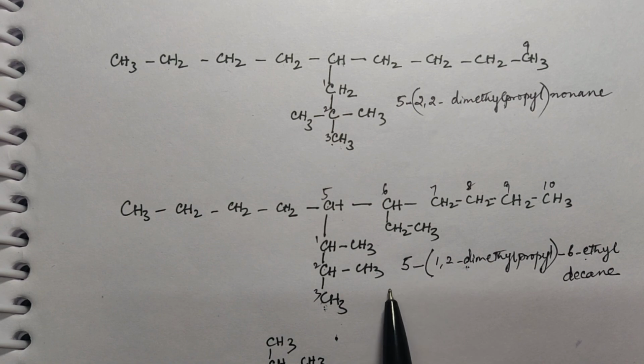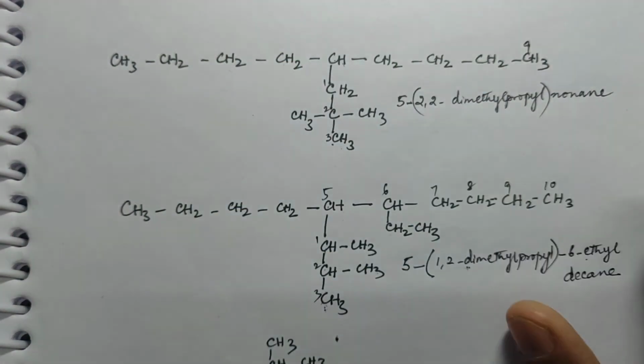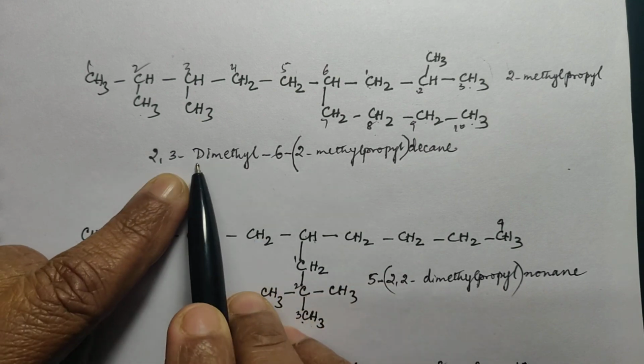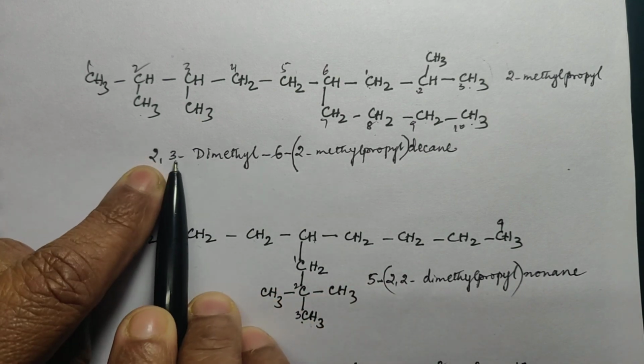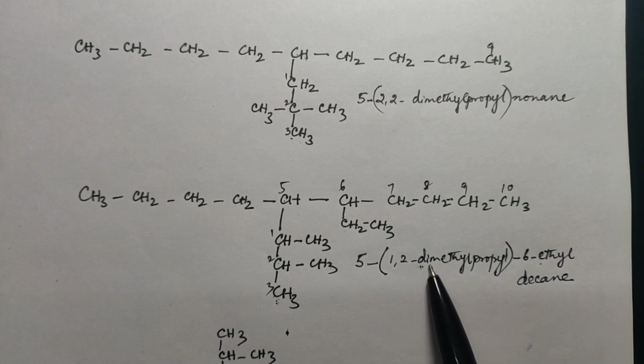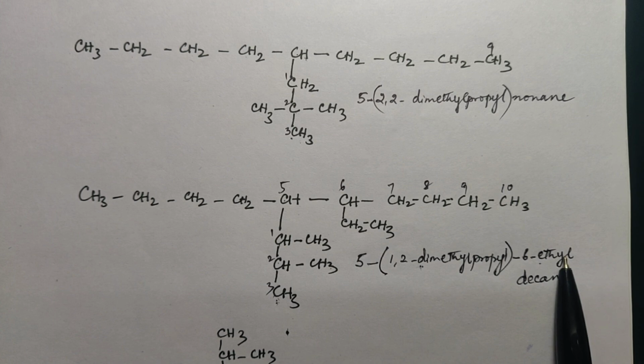We saw here, this is starting with M, this is starting with D. Since it is starting with D, you are taking the complex substituent first while naming and then going along with the next one, that is E. Is that clear? So this is how you will have to name it.